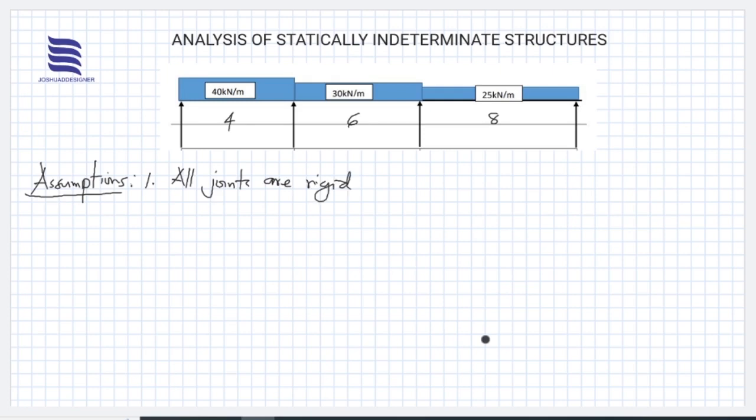The second assumption means that the displacement due to axial and shear stresses is very small and negligible.